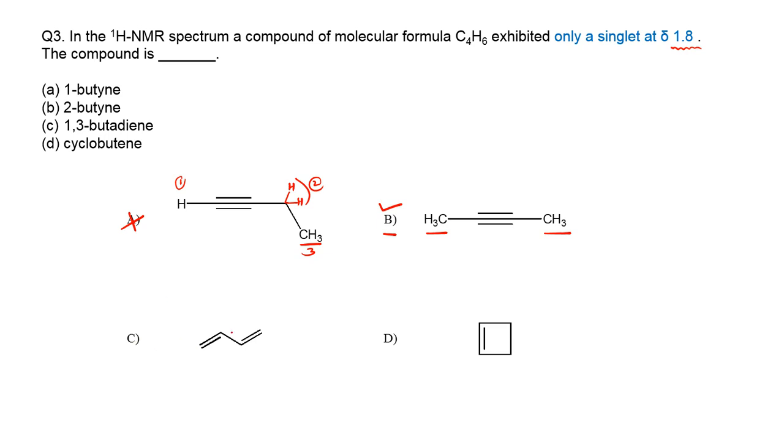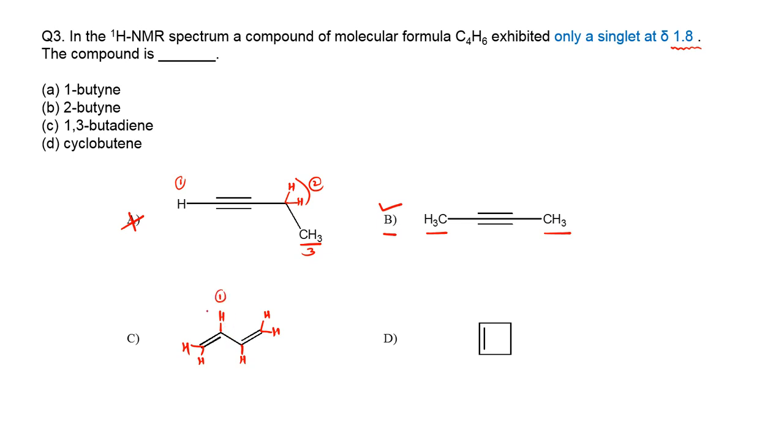In option C, suppose we write the corresponding hydrogens. Here, if this is a symmetric compound, then this is one kind of proton, both the CH, it is one type of proton.